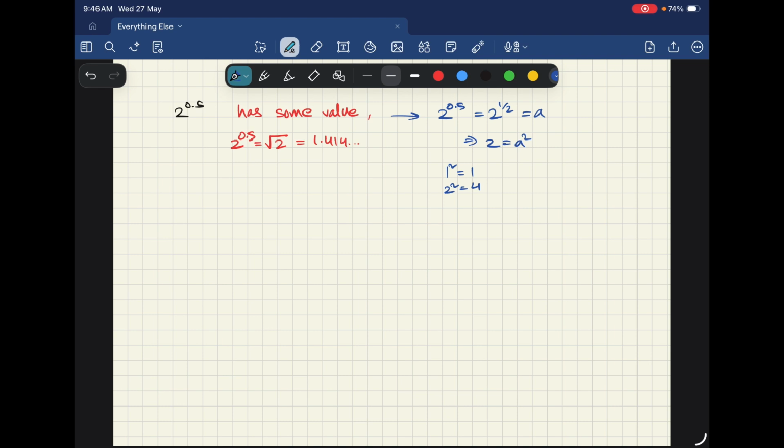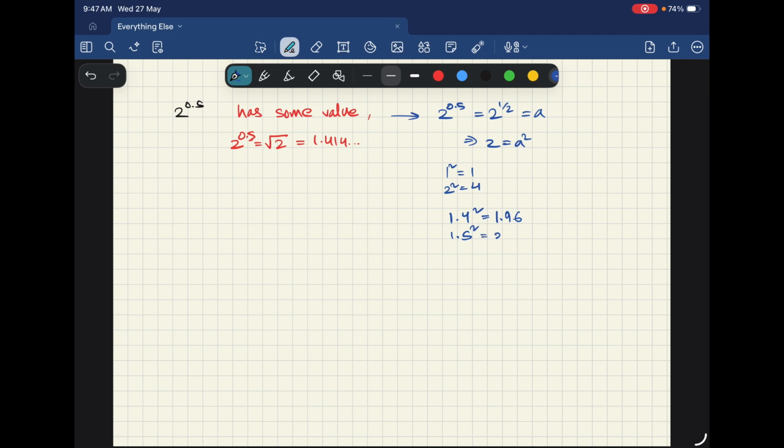Let's say now that I guess my a can be somewhere near 1.4. What's the square of 1.4? It is 1.96. Well, it's almost close to 2, but not exactly 2. Okay, let's increase the value by one step. That's 1.5. What's the square of 1.5?